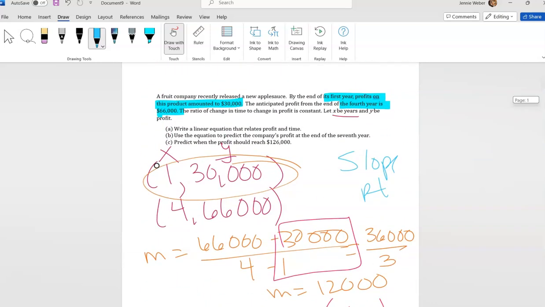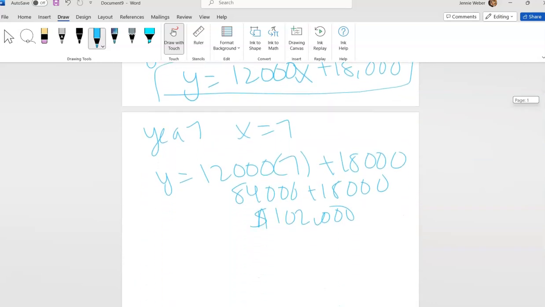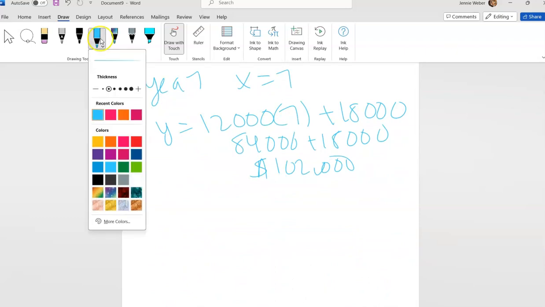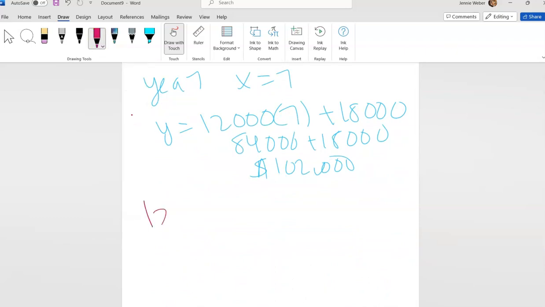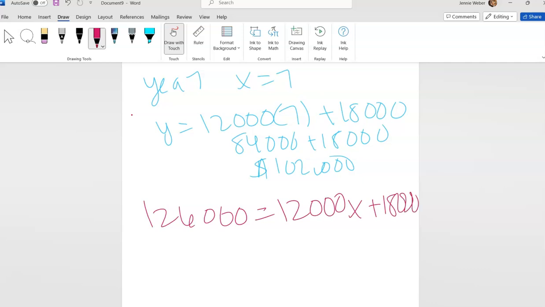Now, what's the last question? Predict when the profit should reach $126,000. Okay, so now they gave us a y. They gave us 126,000, and I want to figure out what x makes that true. So now instead of plugging in the x, I'm plugging in the y and solving for x.